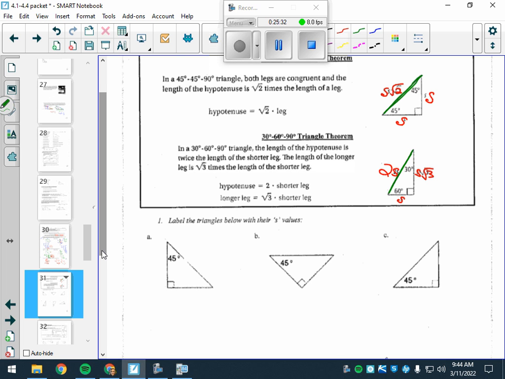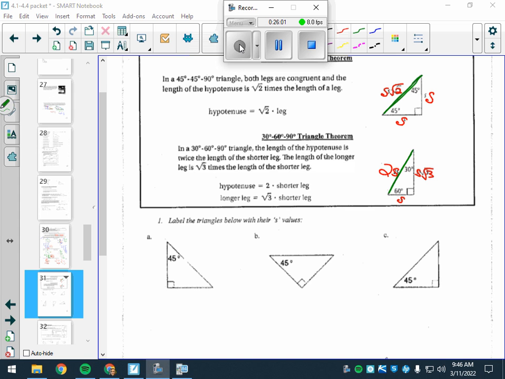Each triangle has only one side with a radical.